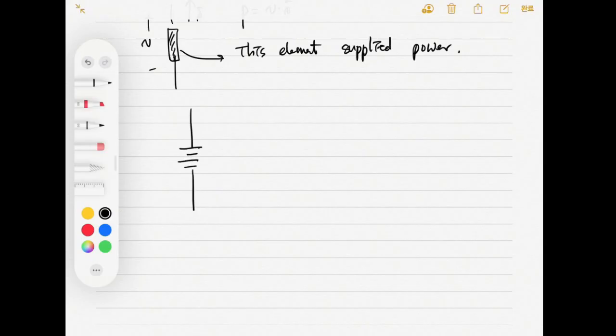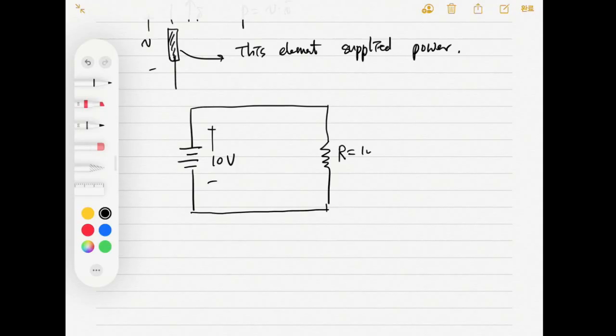There will be some DC source, a kind of battery, with 10 volts here. Then there will be a resistor, this is R, 10 ohms. Maybe you will learn this in simple theory based on Ohm's law. But anyway, we define the current in this way, I is 1 ampere here.